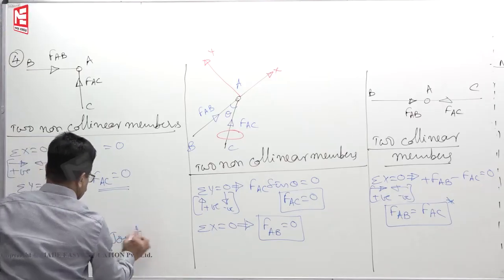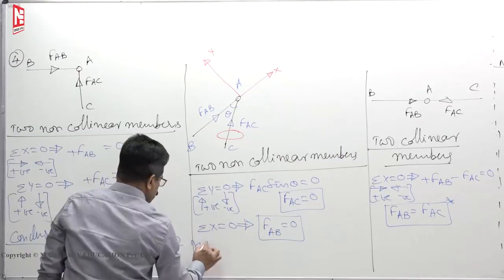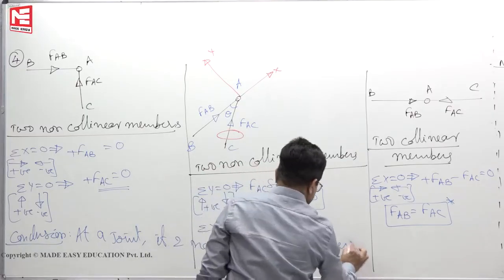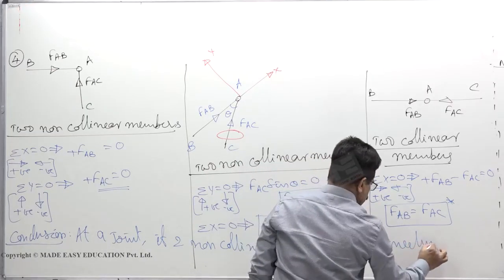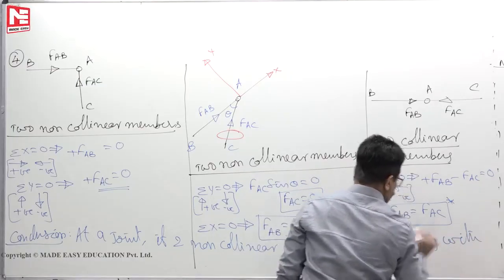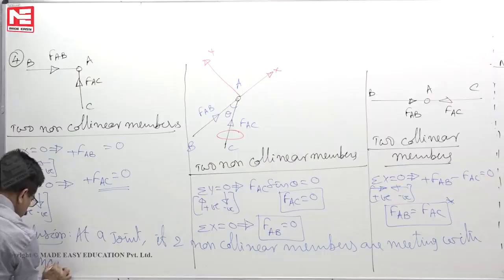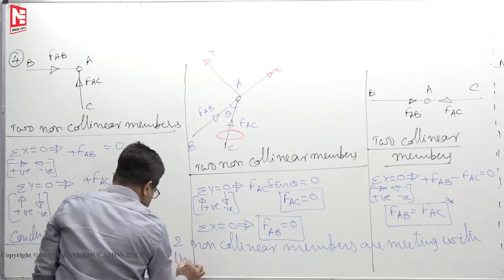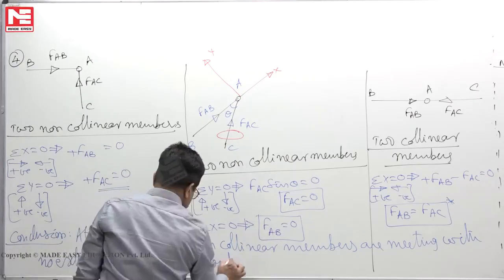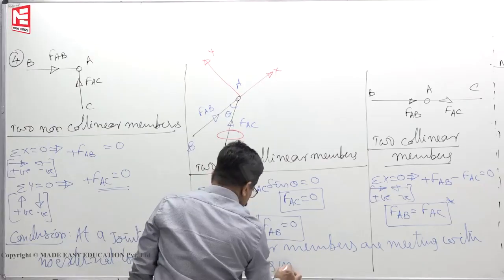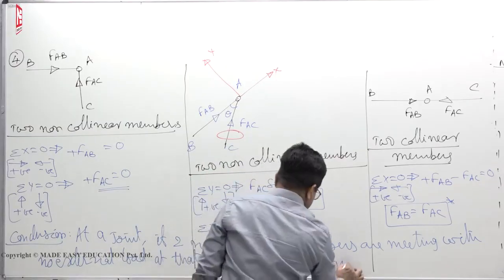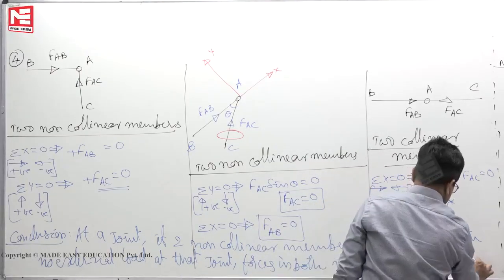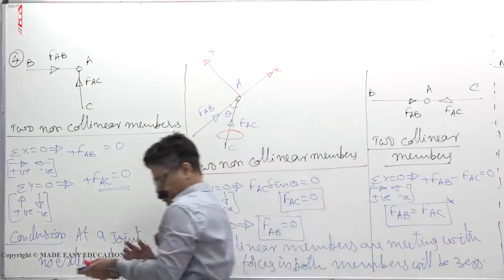At a joint, if two non-collinear members are meeting with no external load at that joint, forces in both members will be 0.